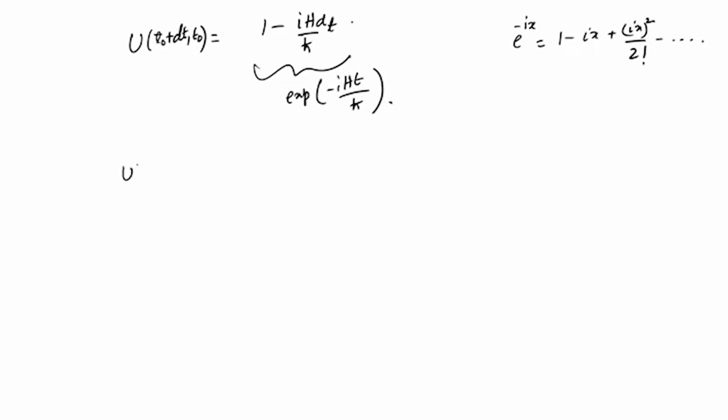Okay. So U of t, t0, this is just the expansion of that. There are more terms that are going to be there, like the i square H square by h cross square and dt square, and so on and so forth.